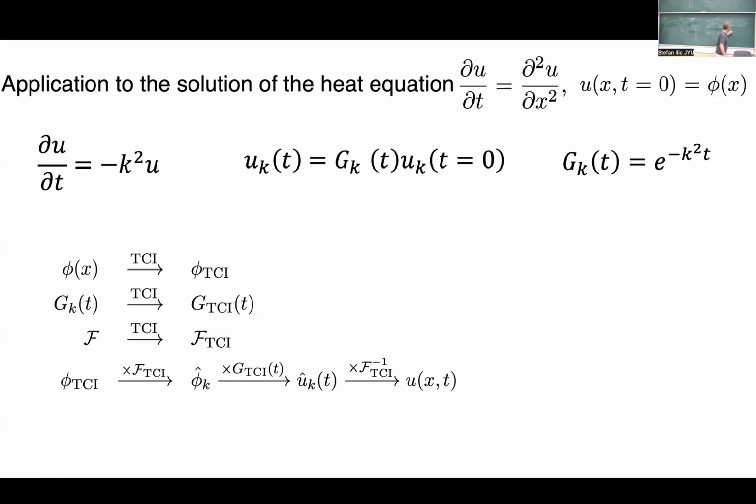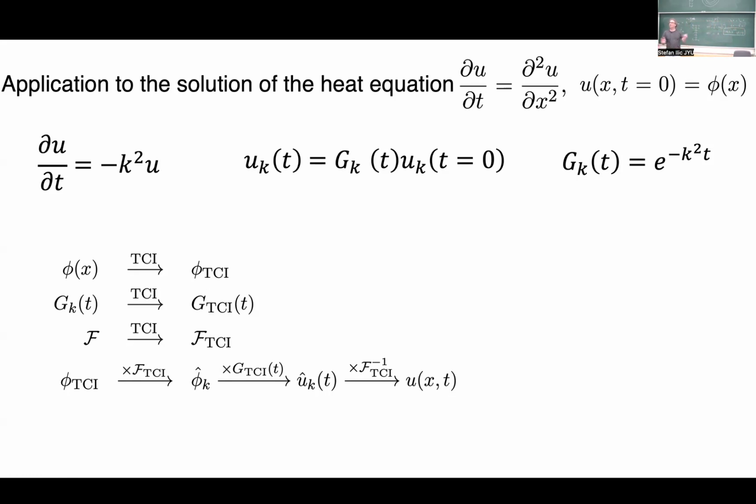The answer is exponential of minus k square t times u in k space, so u of k at t equals 0 times that. That's it, you have your algorithm. You take your initial condition, you put it into TCI, you get its MPS.